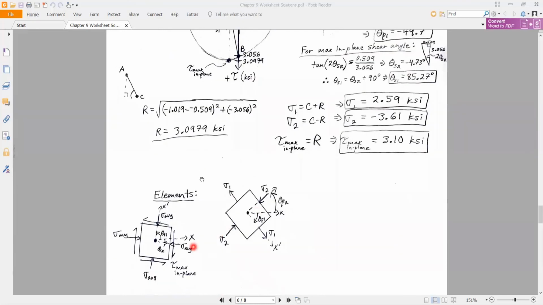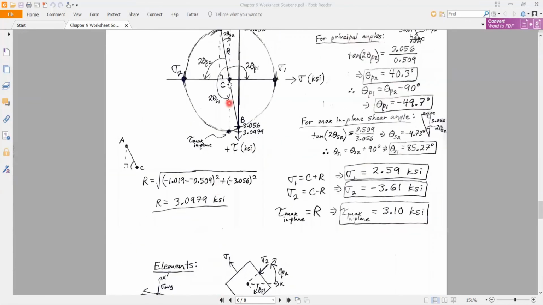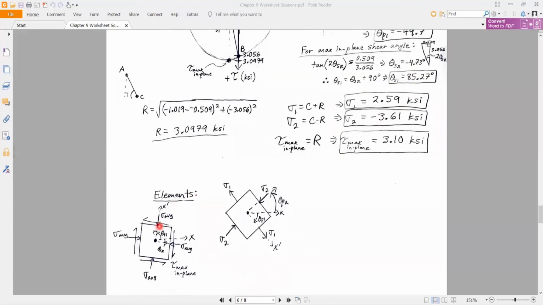For your max in-plane shear, when we're at our max in-plane shear at this point, our normal stress is always this sigma average because that's our center. Okay, we're straight down from our center point. So on each face, we have this compressive sigma average. If we're rotating to theta S1, we're going to have a positive shear stress. If we rotate theta S2 on that face, we're going to have a negative shear.